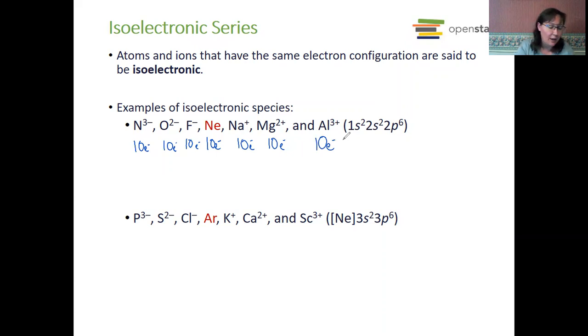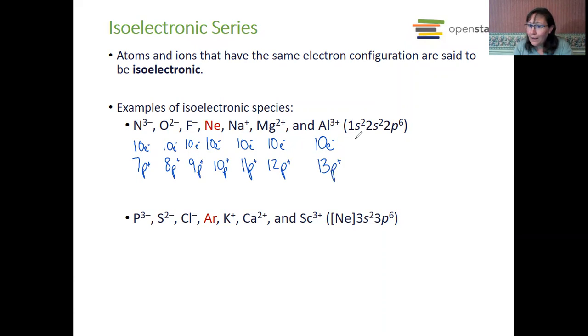You see where this is going, right? Okay, so they all have the same number of electrons, but let's take a look at what happens to the protons. Nitrogen is number 7, so we have 7 protons, and then 8 protons, and 9 protons, 10 protons, 11 protons, 12, and 13 protons.